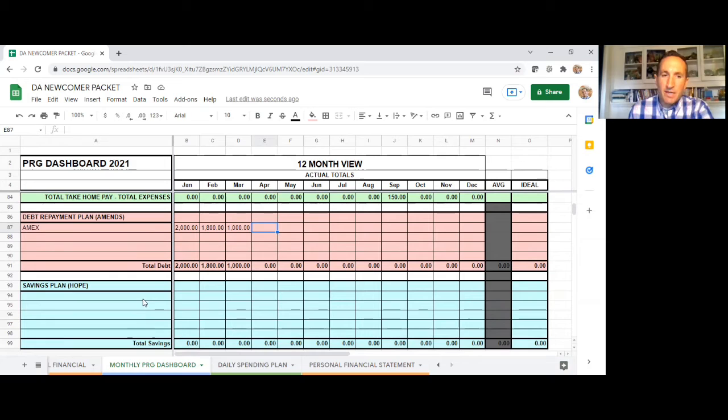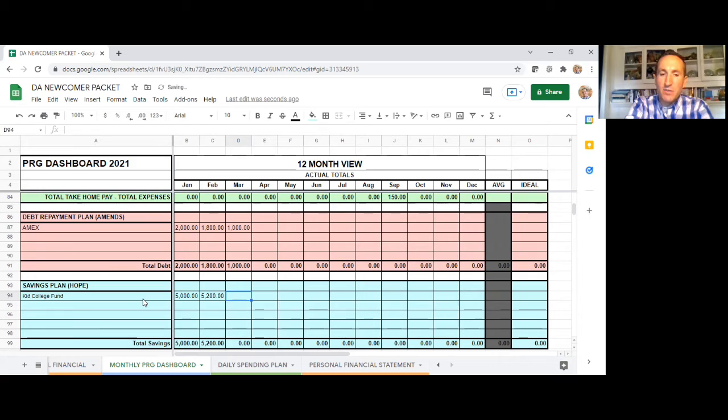Same with savings plan. If we're trying to save for, let's just say, kids' college fund, and here we have $5,000 saved already, and the next month we put $200 in there, then we're going to have $5,200.